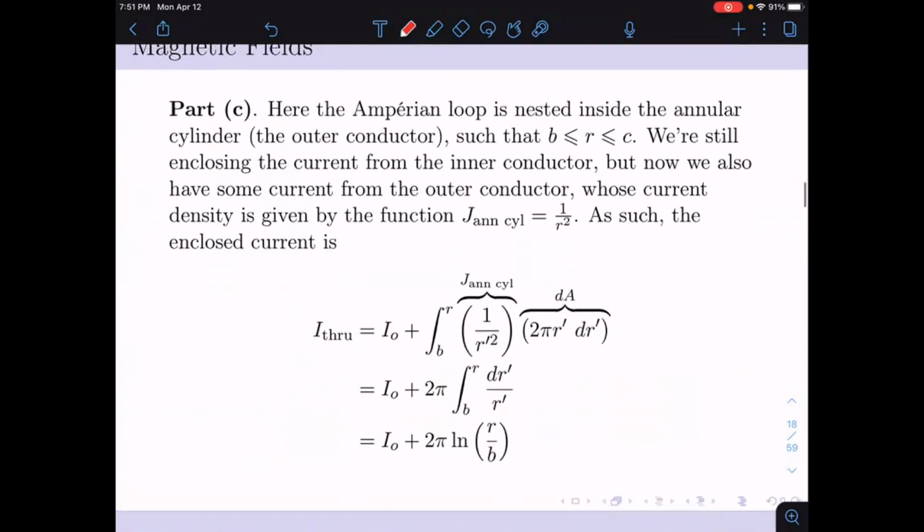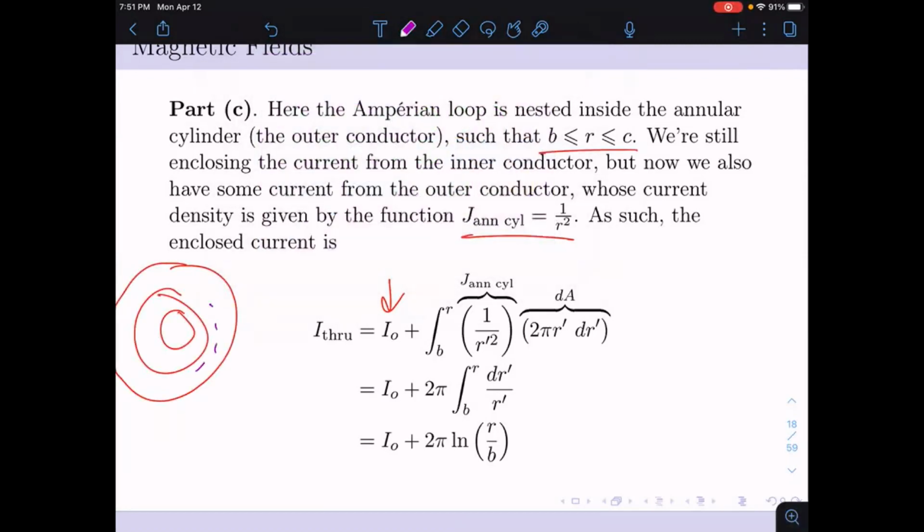We start to get a little more complicated here because my current is not uniform anymore. I still have that value, because I'm outside that radius, but I've got a current density now. It's telling me that the current is changing as I move through an area apart from radius A. So in that region where B is less than R less than C, just a reminder, that looks like anywhere inside of here.